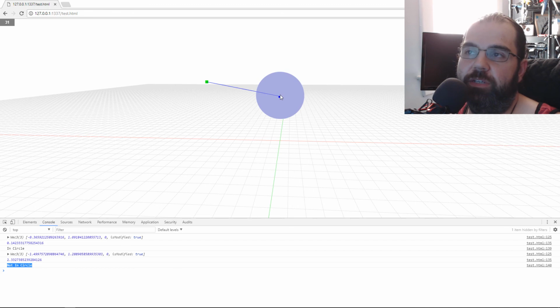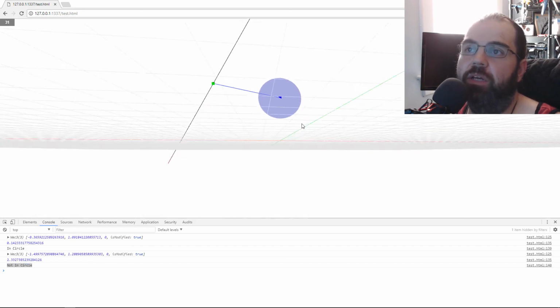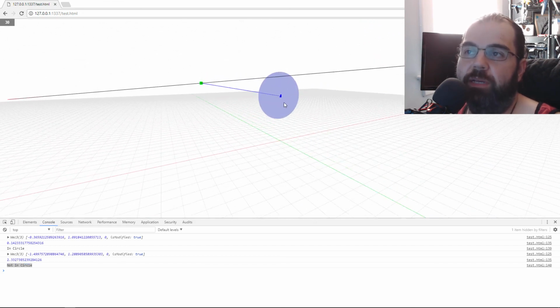Since you know the center point, and you know the point of intersection of the plane that this circle resides in, the only thing you have to do is get the vector length between these 2 points. And if this vector length is greater than the radius of the circle, then it's false.